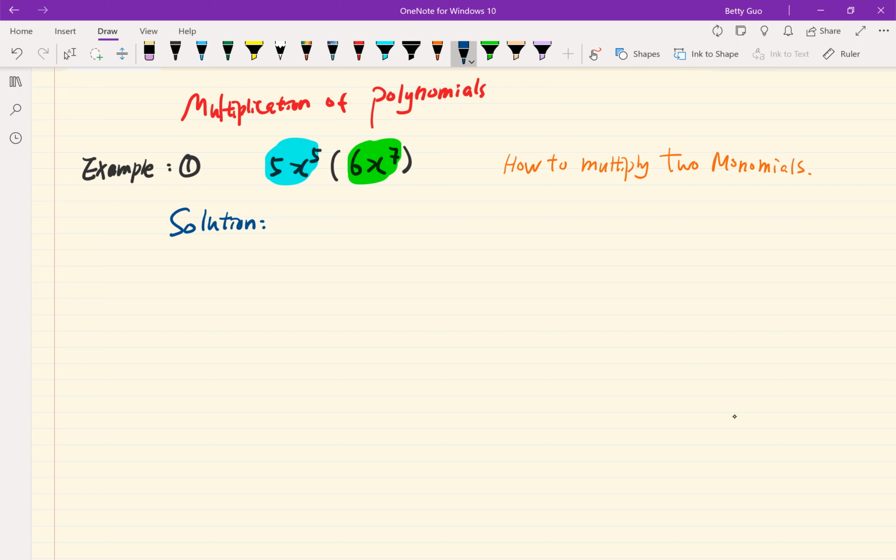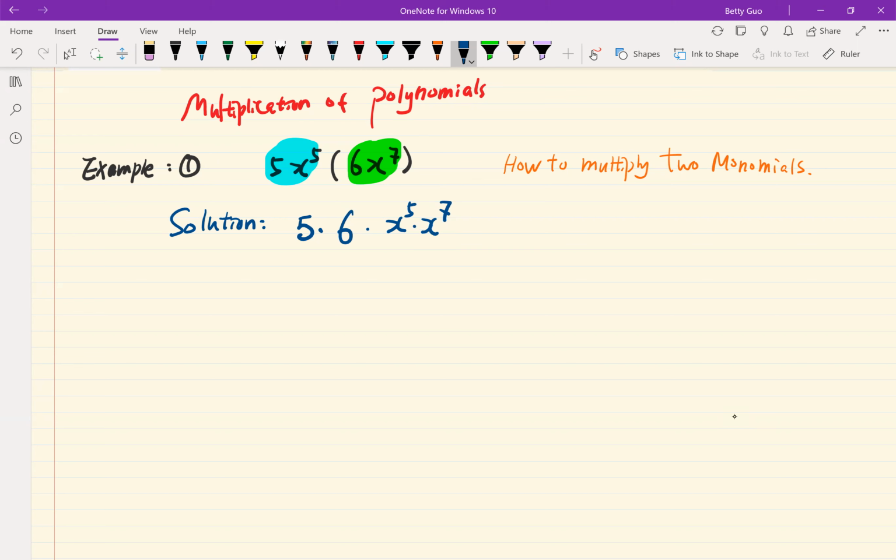We can rearrange the order of the factors in the multiplication. So we can write the expression as 5 times 6, and we put the x to the power of 5 and x to the power of 7 together.